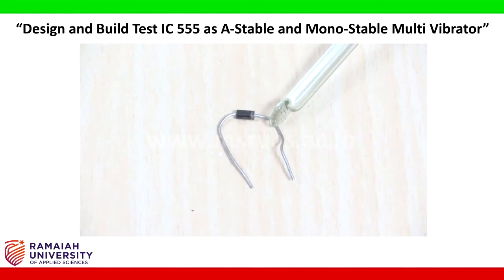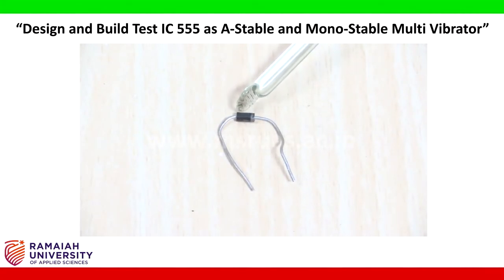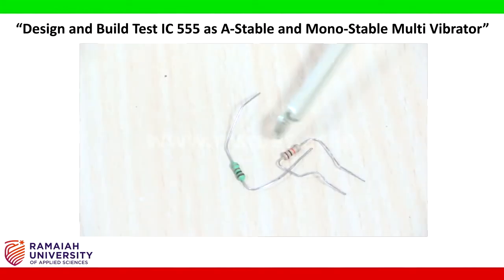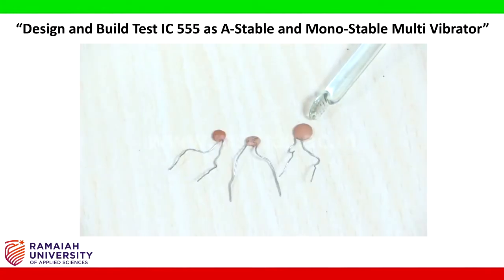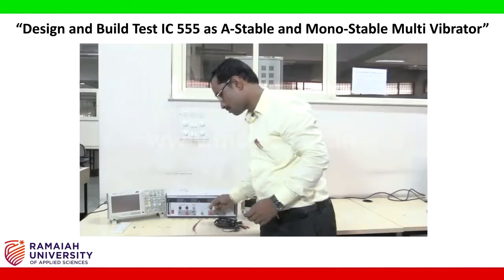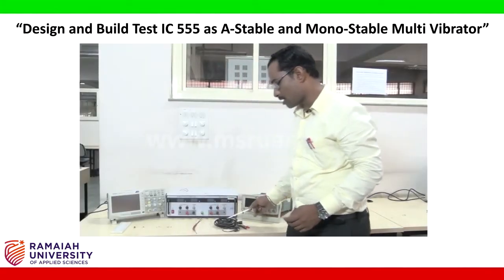This is the diode we are using. In this diode we can find one silver color and one black color at the back. The silver color indicates the negative terminal of the diode and the black color indicates the positive terminal. We also need two 10 kilo ohm resistors, three capacitors, 0.1 microfarad, 0.01 microfarad and 0.001 microfarad, connecting wires and patch cards.